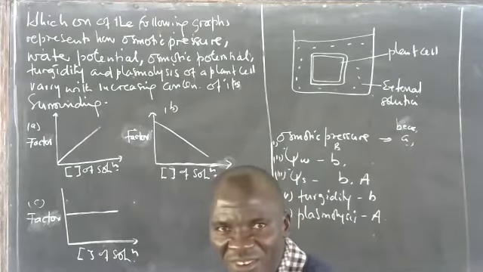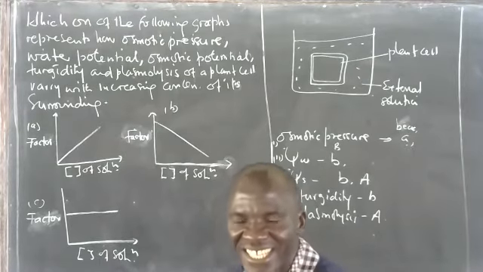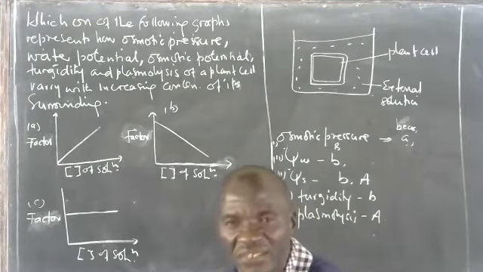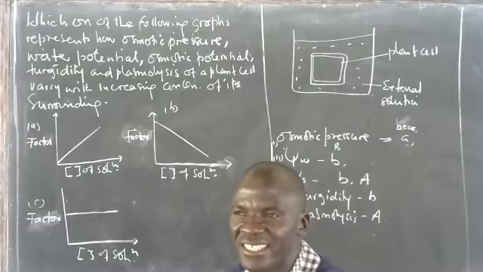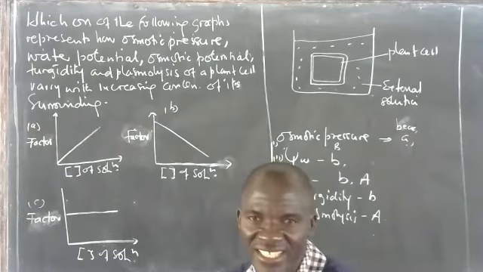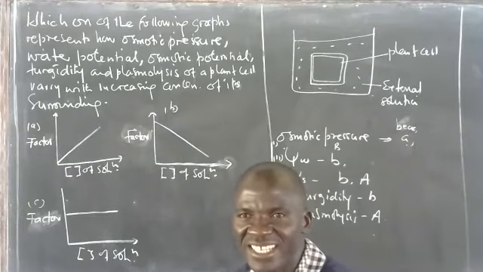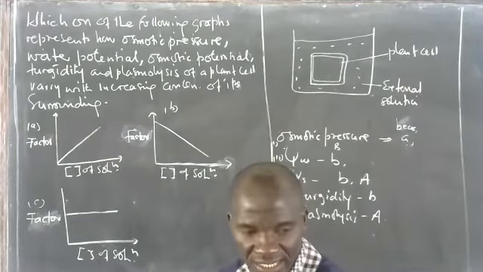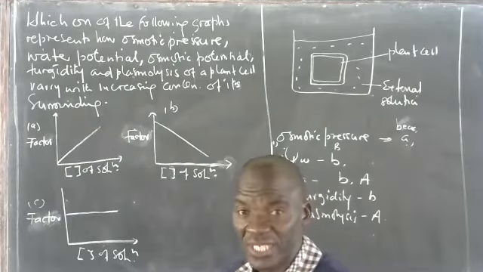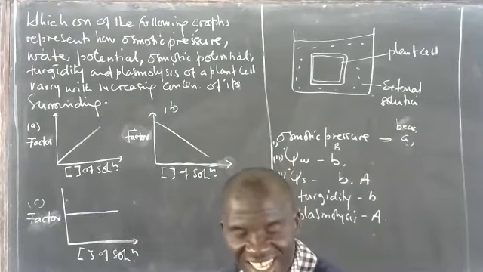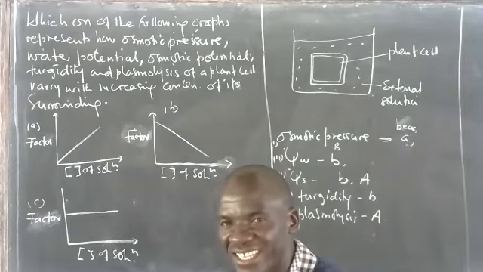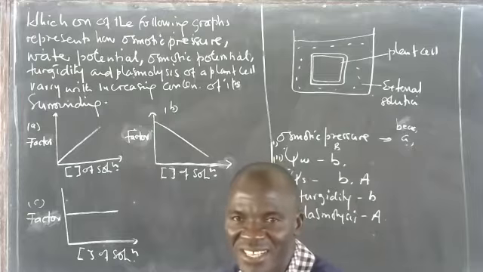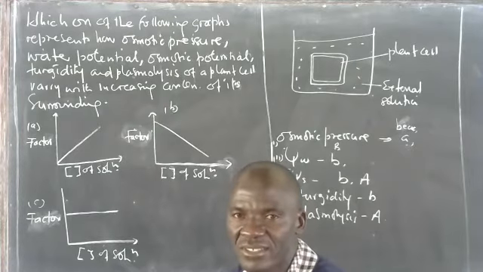I think she's perfect. I hope you have all got that. Automatically, as I increase the concentration of the surrounding, there will be a concentration gradient. And the cell, since it is hypotonic to the surrounding, is likely to lose water. And as it loses water, it becomes more concentrated. The cell sap is increasing in concentration.